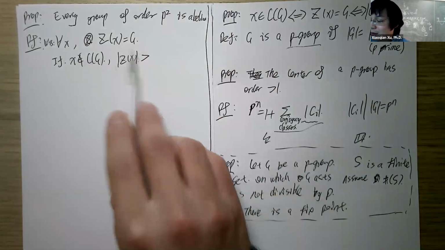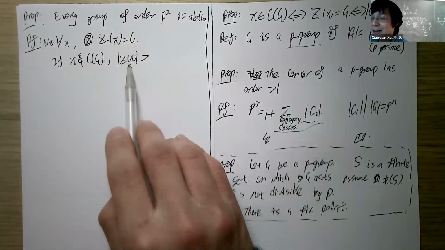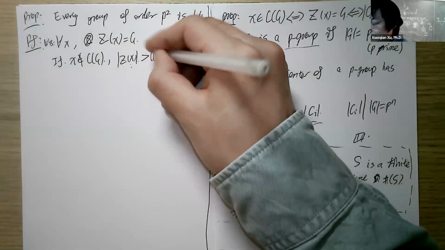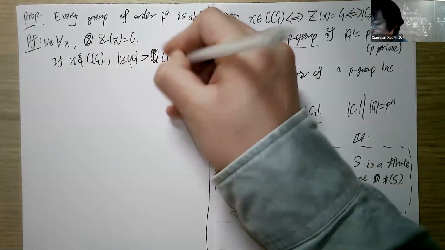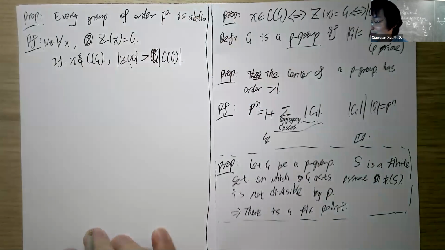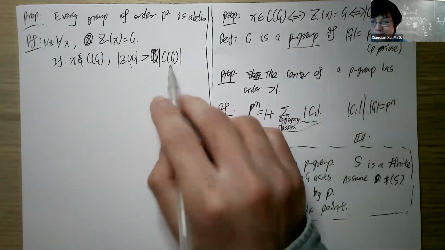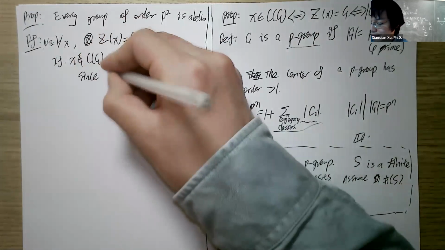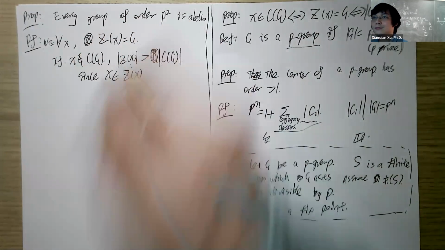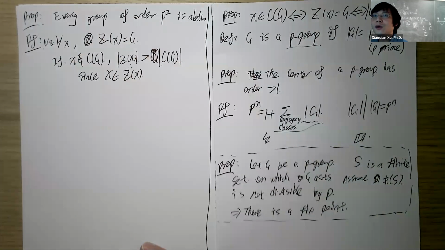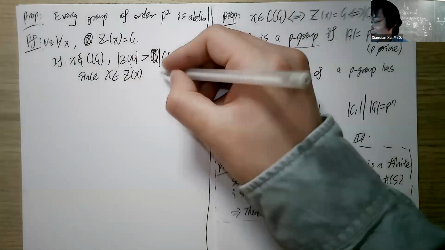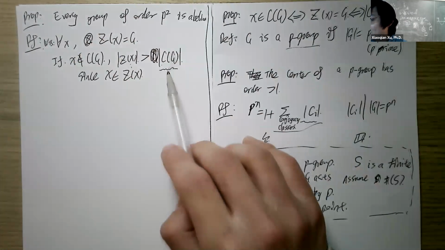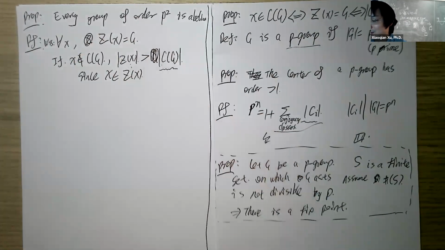So which means the order of this set is at least as big as the center of G. Okay, so what does that mean? You have the center. This is the center of a P group, right?